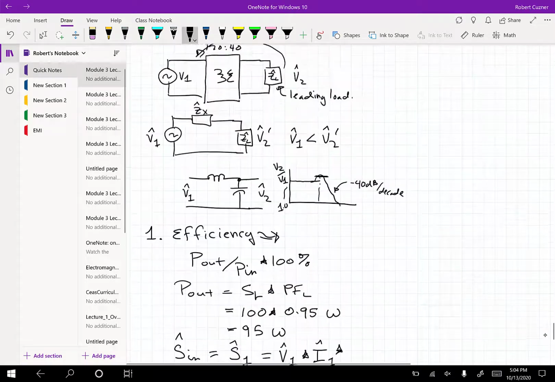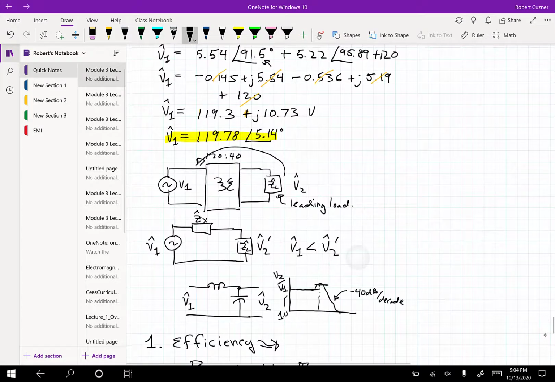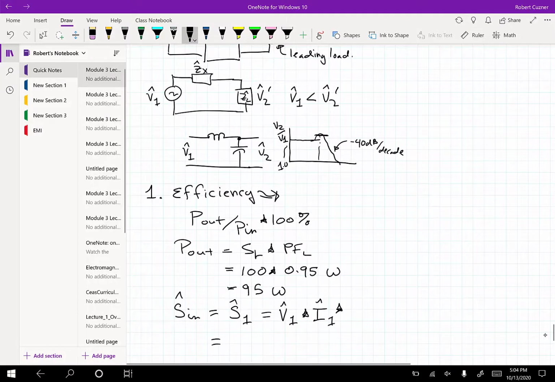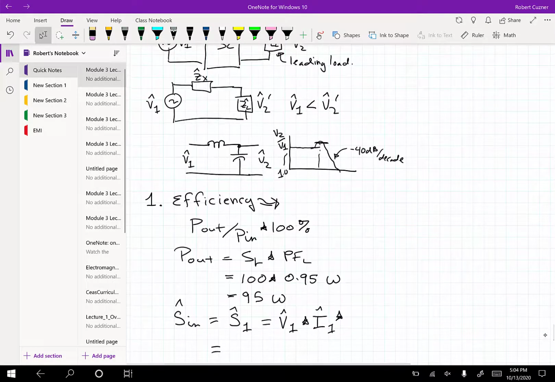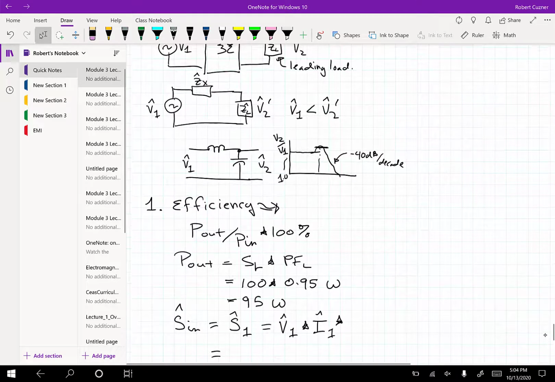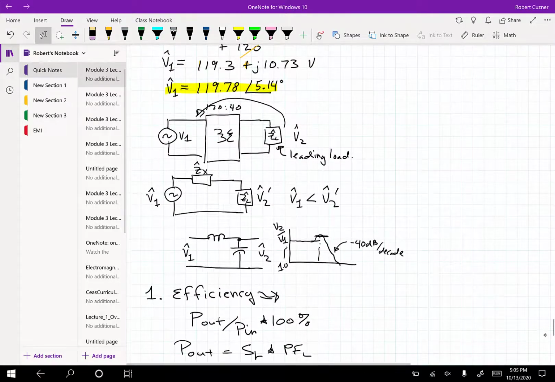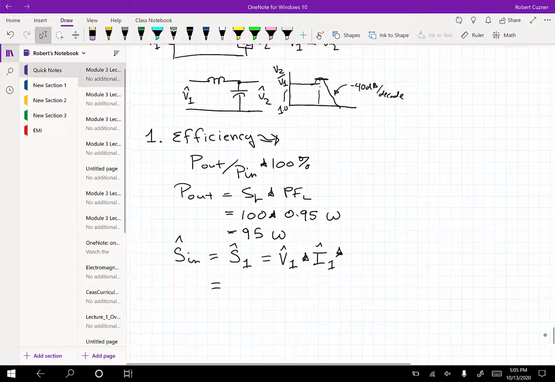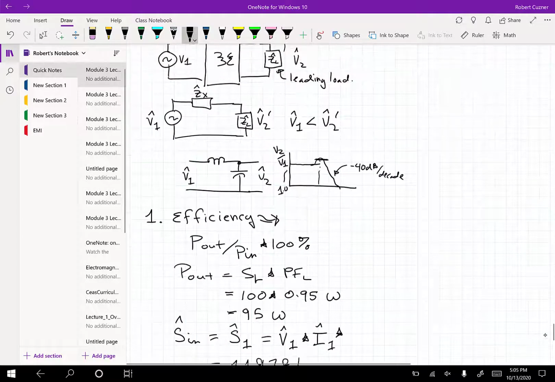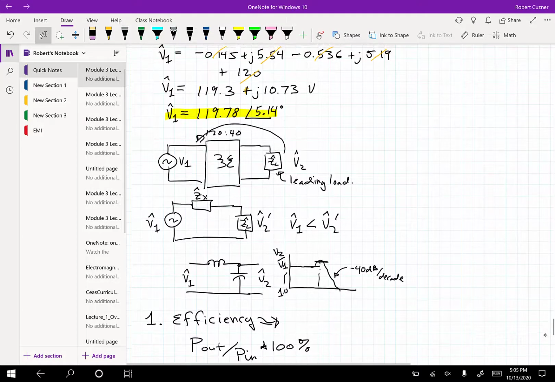So V1 we found, for better or worse. Now if the efficiency ends up being more than 100%, I've made a mistake. So let's check here. We've got V1 of 119.78. It's almost 120. Now here's the interesting thing. We have an angle here, right?